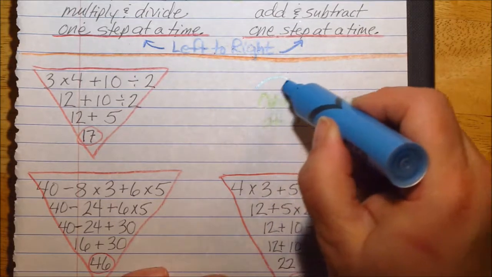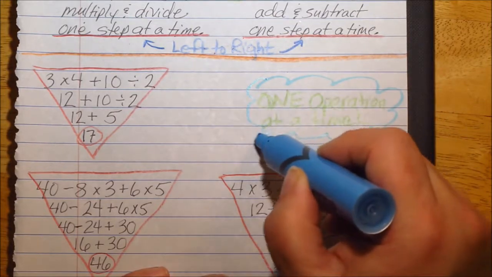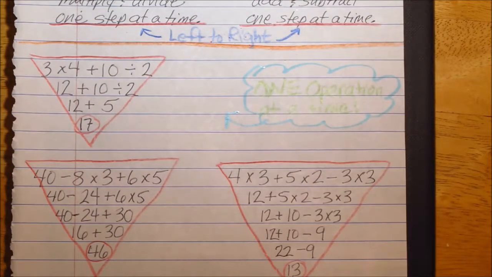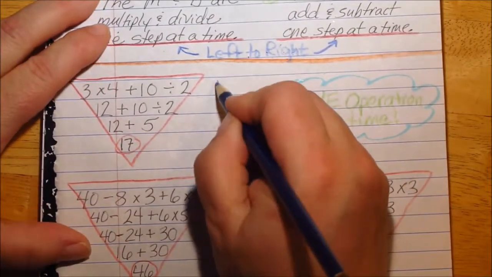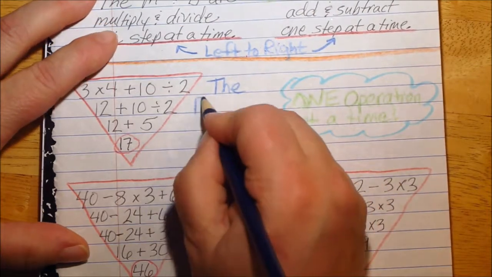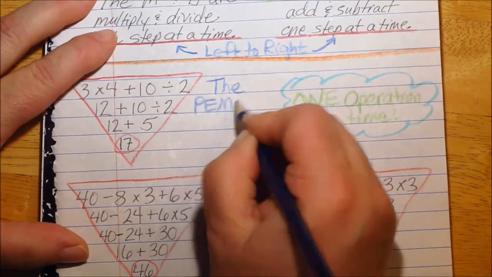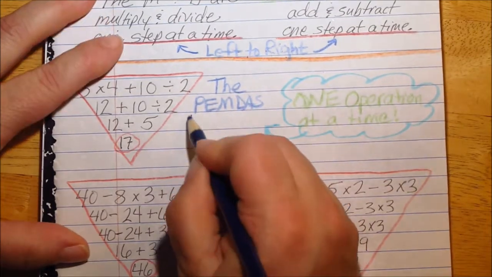And I'll put this around here, and I'm going to draw a little arrow to what I'm going to put over there, because with my blue I'm going to write the PEMDAS triangle.